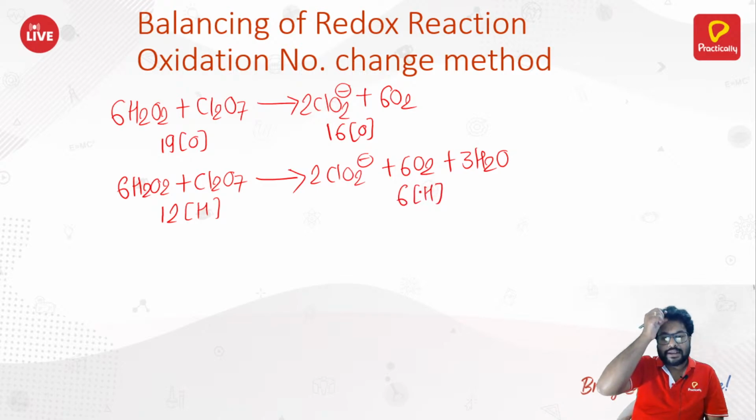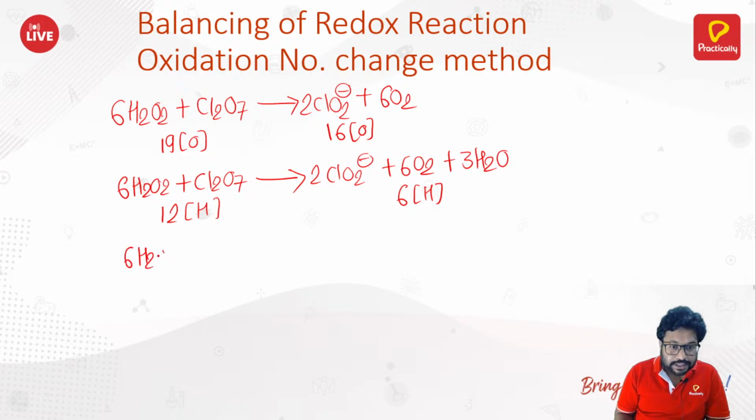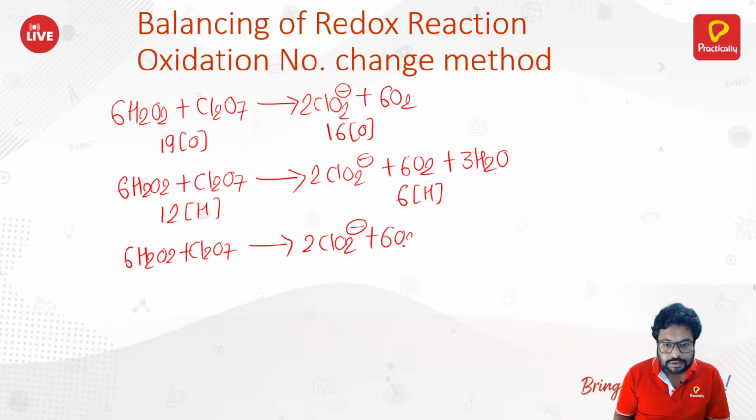That means you need to add 6 H plus ion on the right hand side. And therefore now you will have 6H2O2 Cl2O7 giving me 2ClO2 1 minus 6O2 3H2O plus 6H plus.